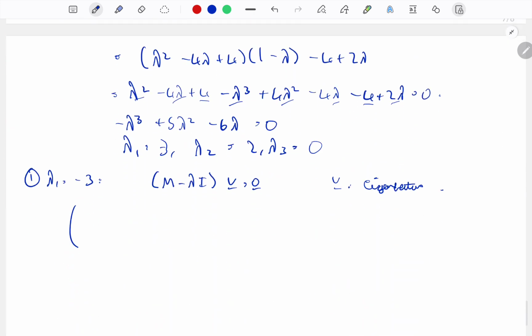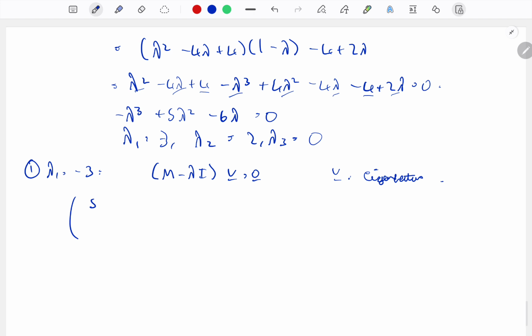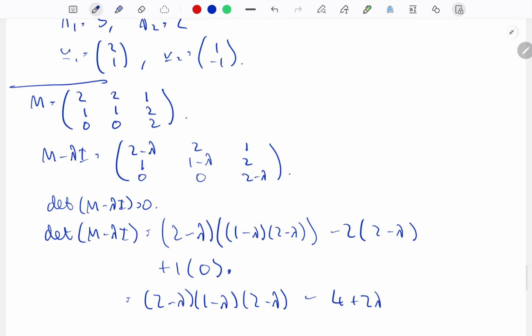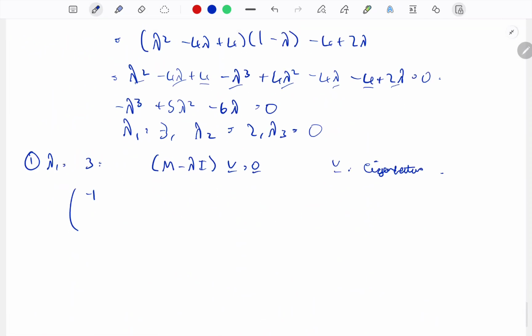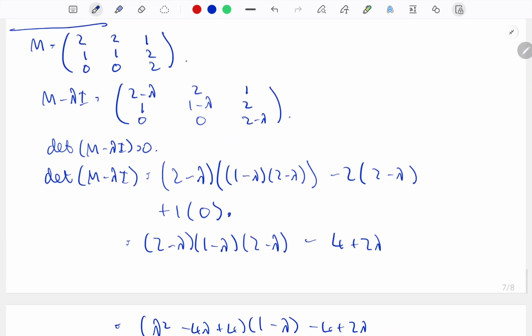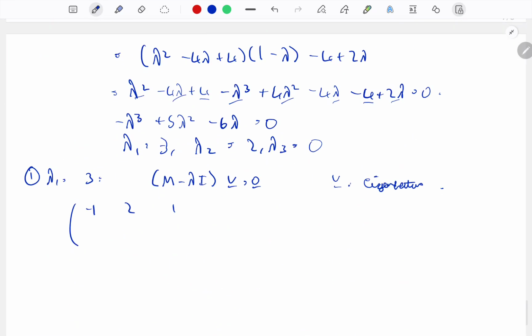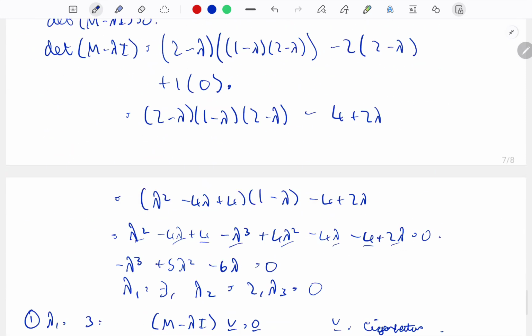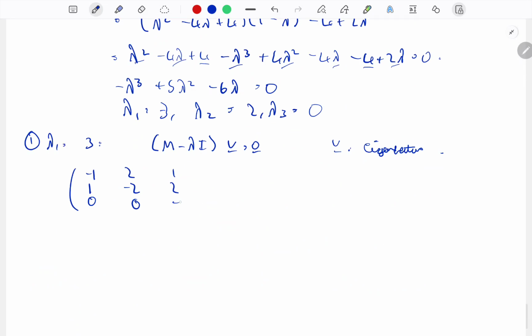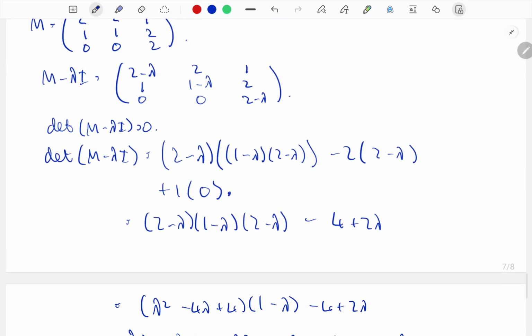2 take away minus 3 is 5. Oh no, it's just 3. So 2 take away 3 is minus 1, and then 2, 1, and then 1, minus 2, 2, and then 0, 0, minus 1. Let me just make sure.